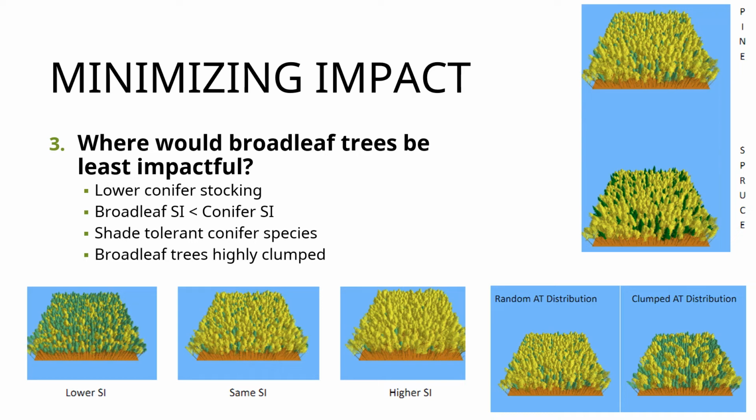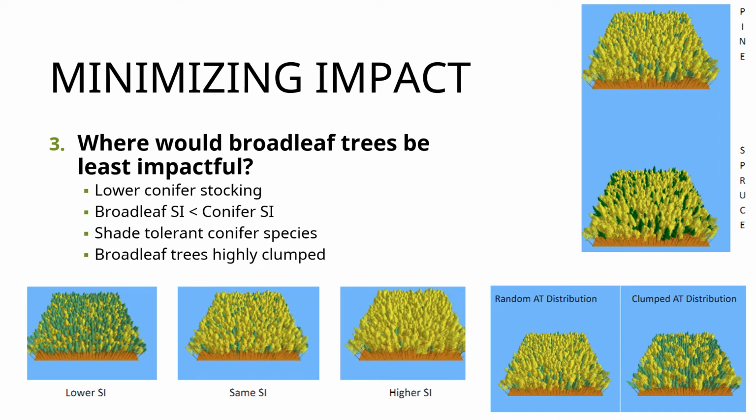In these areas, it's appealing to retain the broadleaf trees to stabilize the soil, capture carbon, help with conifer pruning, etc. We could also look for any variations in site series. You'd be looking for areas where the broadleaf trees' site index is lower than the conifer species. In those areas, the conifer trees are better able to compete and suffer lower volume losses.